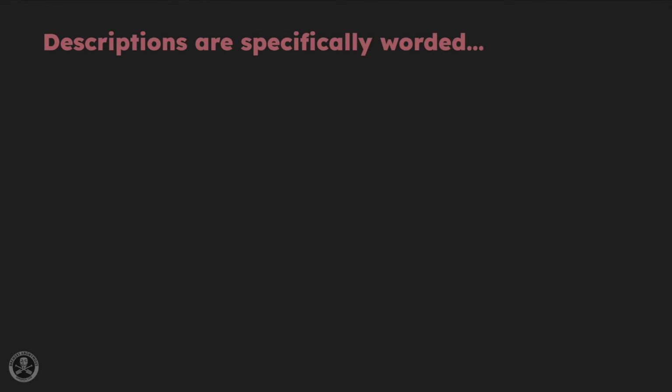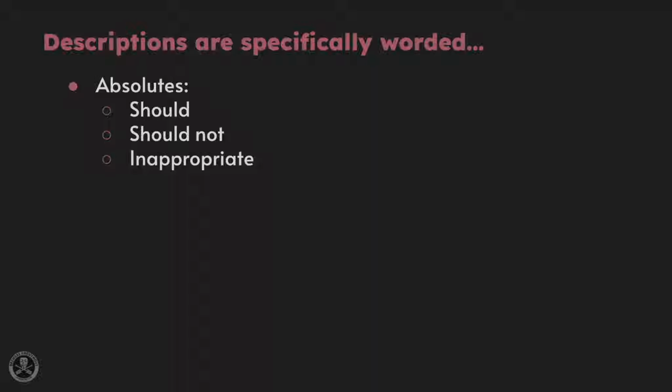One big thing to know about these guidelines is that descriptions are specifically worded. Each entry is using the words it uses in its description for a specific purpose. There are absolutes. This beer should have X. This beer should not contain Y. Z is inappropriate for this style, things like that. If the description is making a definitive statement, the character it's referring to should or should not be present in that beer to any degree.